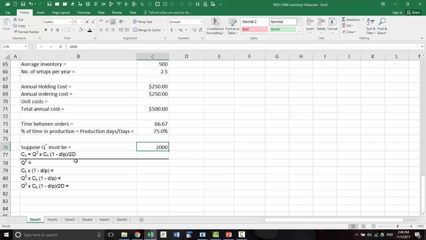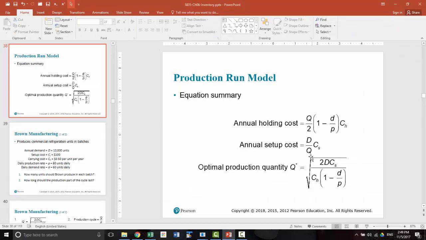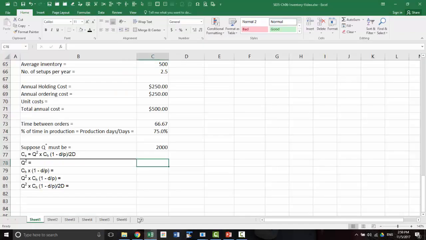So how much should the setup cost be for 2,000 units to be optimal? Here we have to take this formula. So we take Q. What we need to do is reverse this, figure out what C sub S will be. Square this Q, so that will remove the square root, and then you multiply Q with that and divide by 2 times D, that will give you C sub S. So first step is square that.